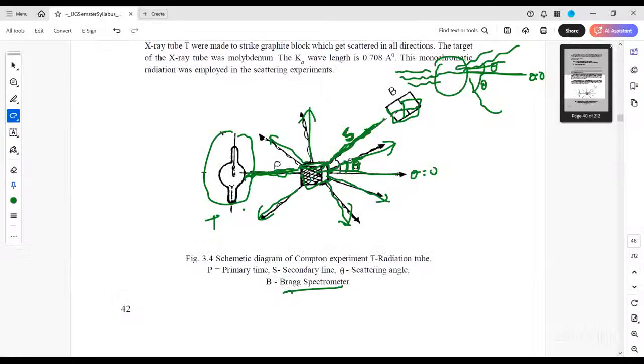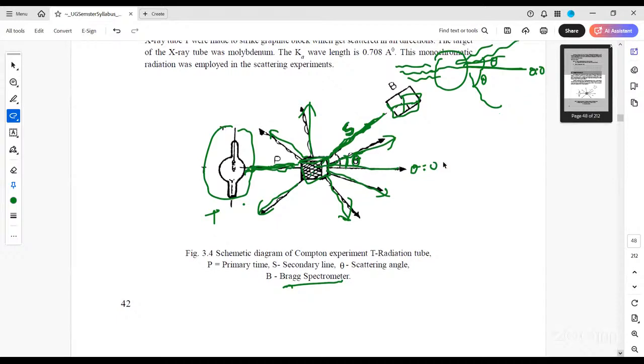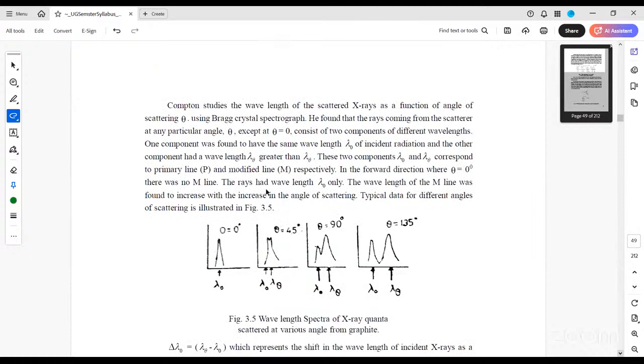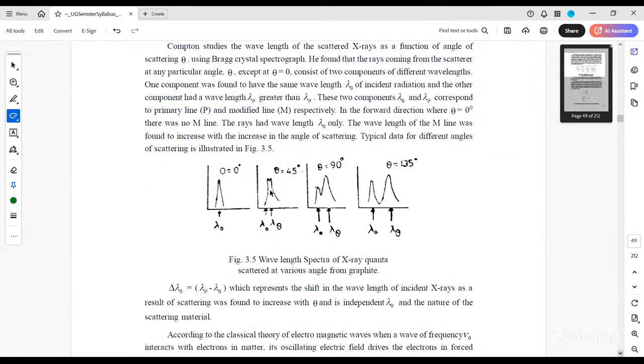With a small angle like this, it goes with an angle of 40, or with an angle of 90, or in the backward direction it reflects back at 30. Initially, this is for theta 45. Initially, with some angle, lambda.